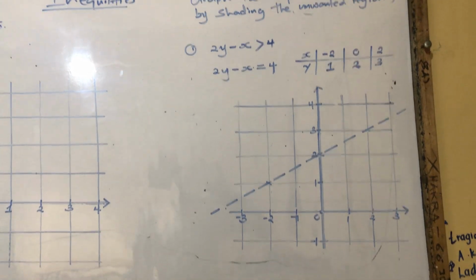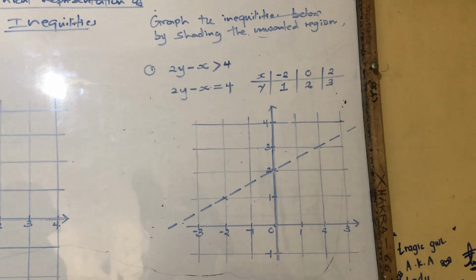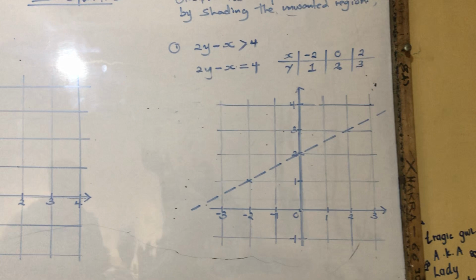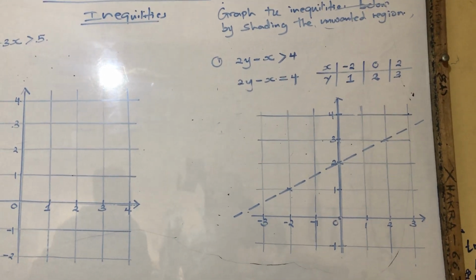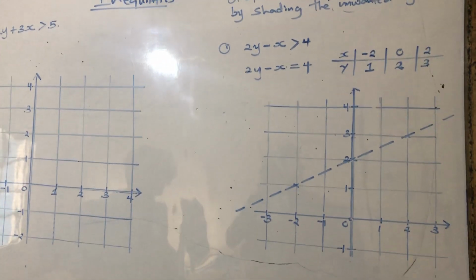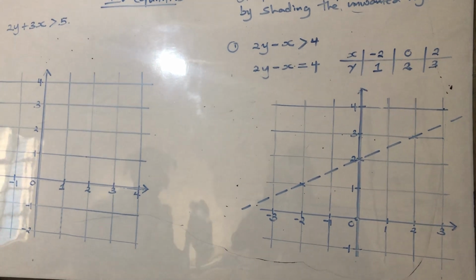What then will we have? Which side then are we going to shade as the unwanted region? Please follow me well. We will pick a point at random, any point of your choice.